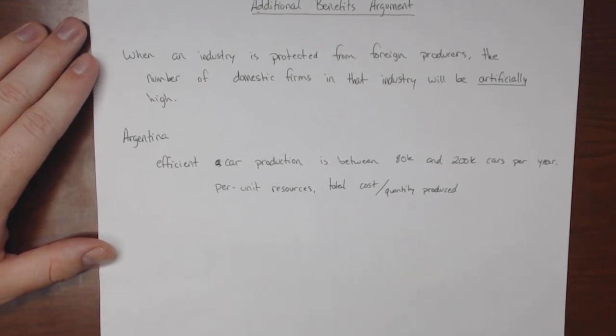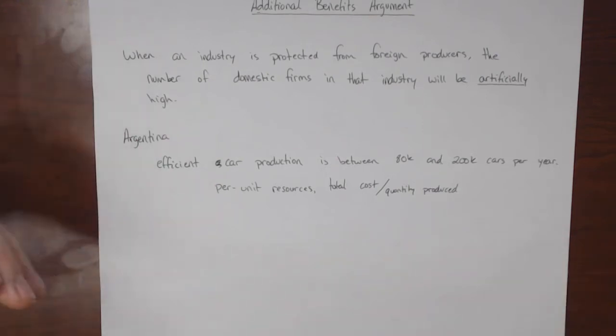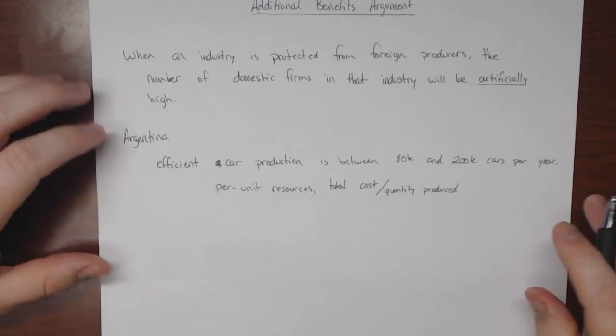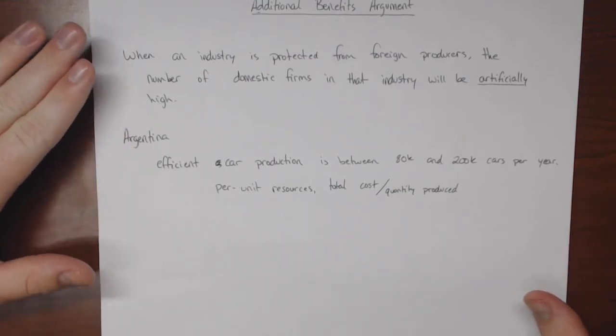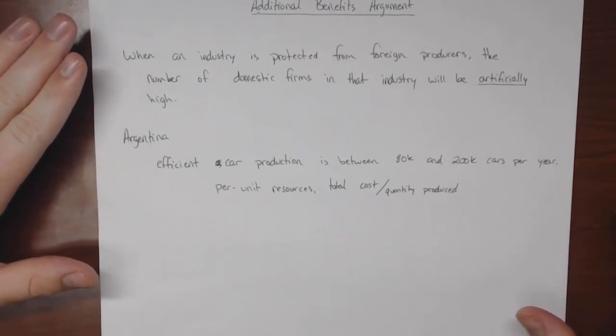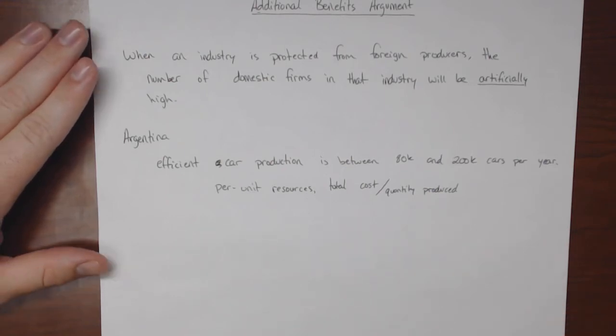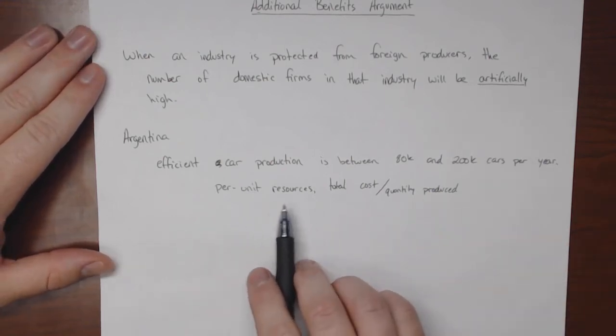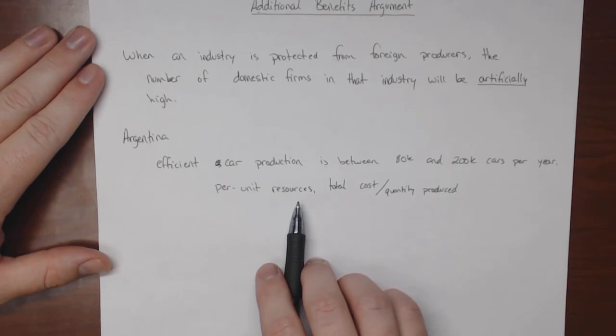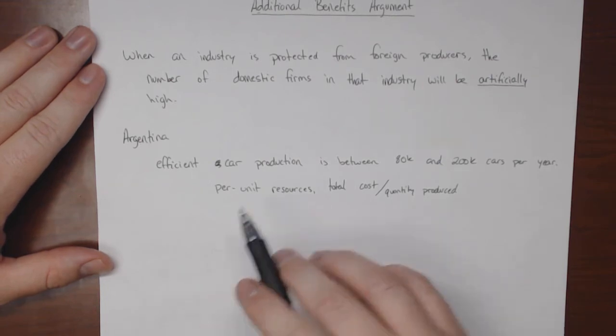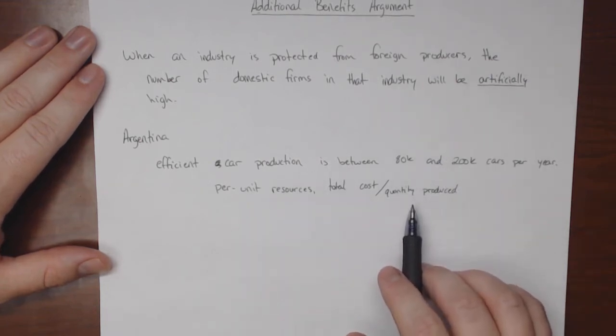Especially when you compare that to the per ear of corn cost of a major corn farm with hundreds or thousands of acres of corn growing, where they have tractors, silos, all kinds of machinery and equipment designed to help grow and harvest the corn. So your per unit cost of growing corn in your backyard is very high relative to the per unit cost of a major corn farm.